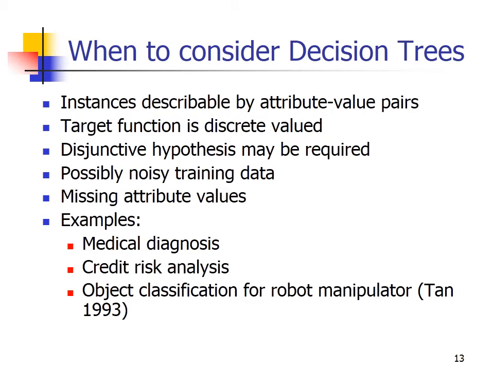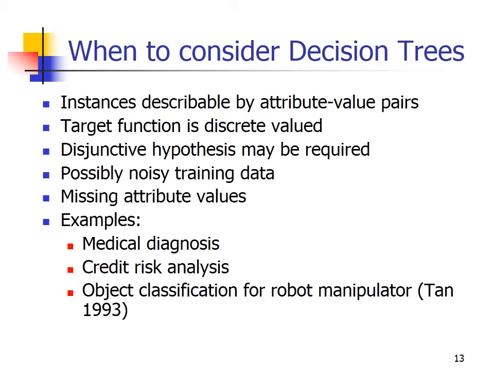Typically, a decision tree consists of an attribute node, or an internal node, or a root node, and a value node. That branch contains the value. Okay? Target function is discrete valued.